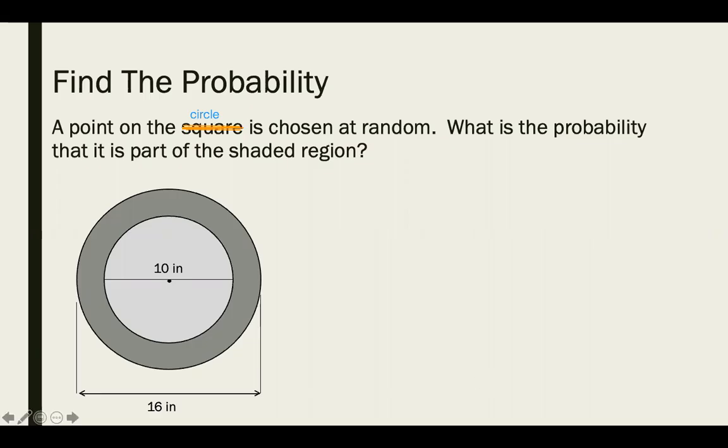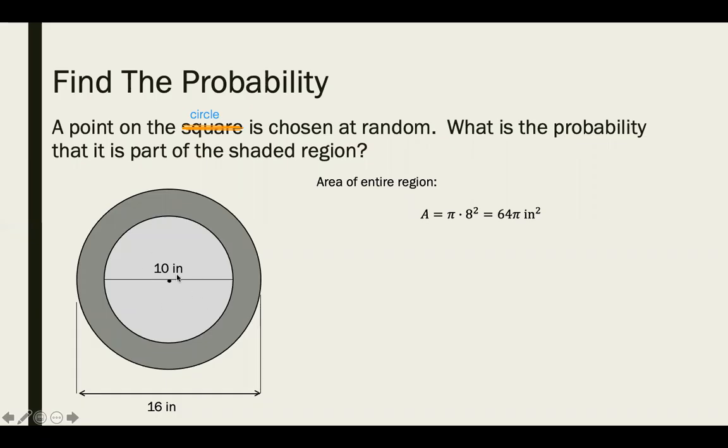Okay, so the first thing we need to do is find the area of the entire region. In this case, the big circle that has a diameter of 16 inches. Well, we're going to have to do pi r squared, radius being 8. So we get an area of the big circle of 64 pi. Now we want to find the area of the shaded region, the ring. But to find the area of the ring, what we actually need to do is take the area of this whole circle and subtract off the smaller circle.